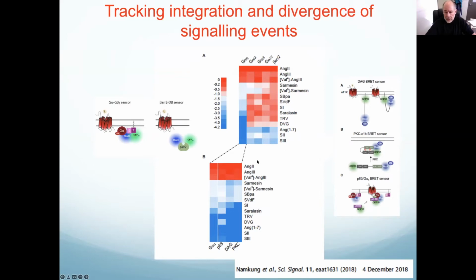And if you go down one arm of the pathway, so Gq, you can split it into Gq and what's downstream of Gq, and you can track things like integration of signals or where signals diverge in a meaningful way, using these different biosensors that track both proximal and distal signaling events. So that's kind of where we're going.